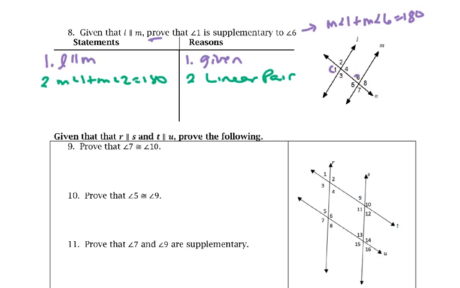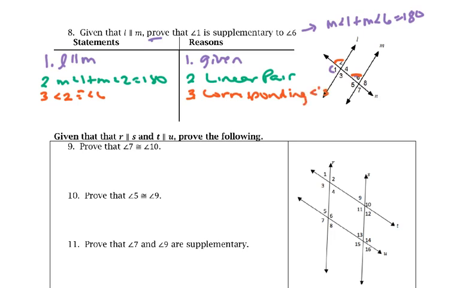If we did that, then I know that angle 1 and angle 2 are 180, so I'm just going to put that right there. Now look at angle 2 and angle 6. What relationship do they have? Go back again to the first page of the notes. I know that angle 2 is congruent to angle 6. Why? Because they're corresponding angles.